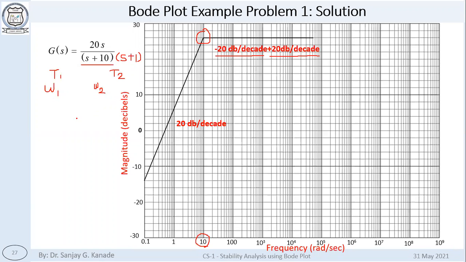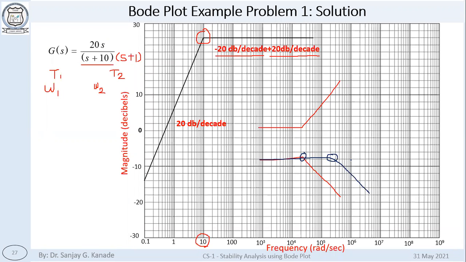So instead of a single section like this, you will have two sections. One section like this, and another section again like this.